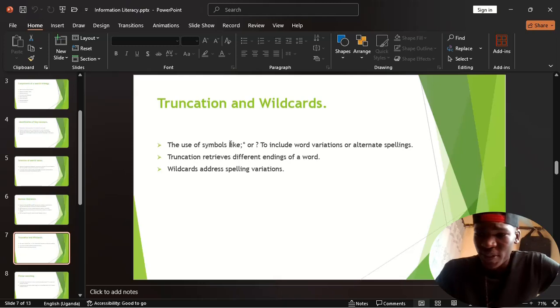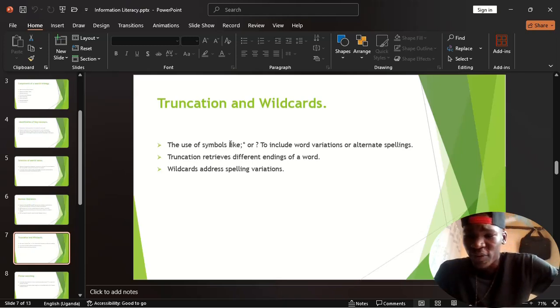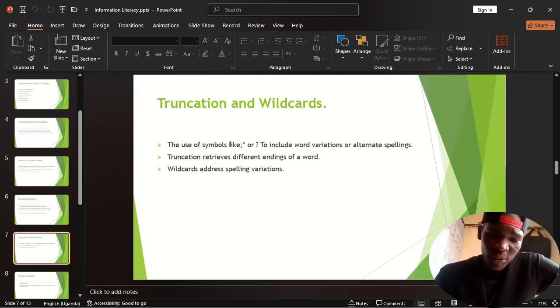I'll go ahead to explain more on the Boolean operators. Maybe I'll give an example. You're asked to analyze the effects of climate change and agriculture. Here you'll use the Boolean operator AND to link climate change and agriculture.